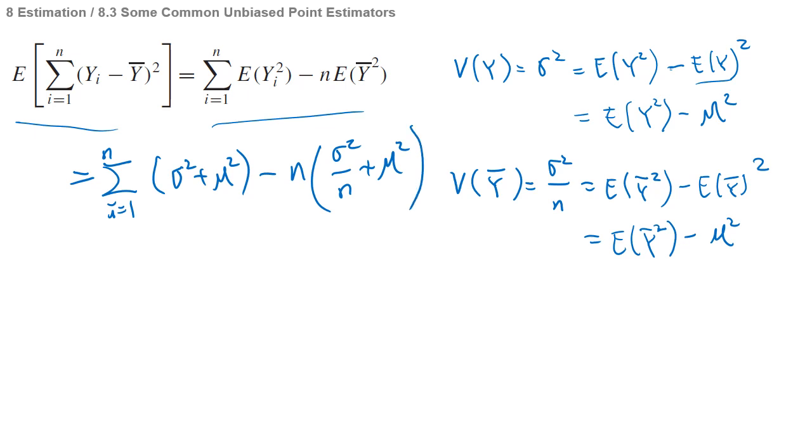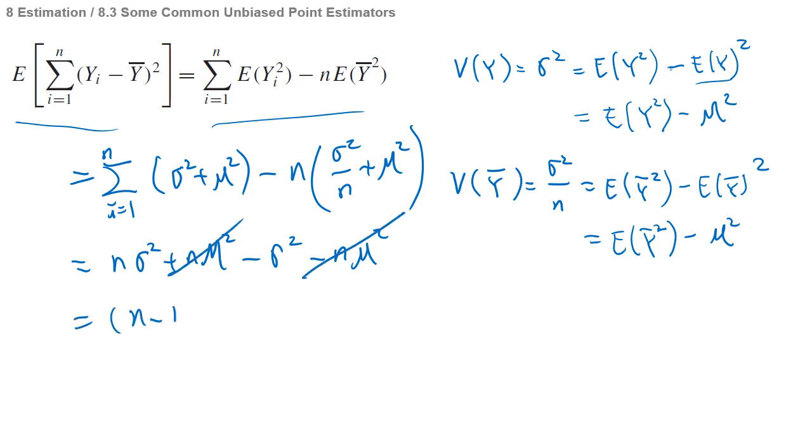Okay, and so we have n number of sigma square plus n number of mu square minus sigma square minus n mu square. So these two terms cancel, and this becomes n minus 1 times sigma square.